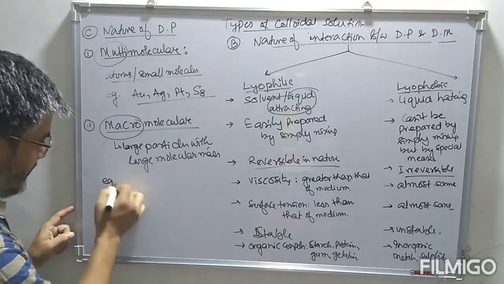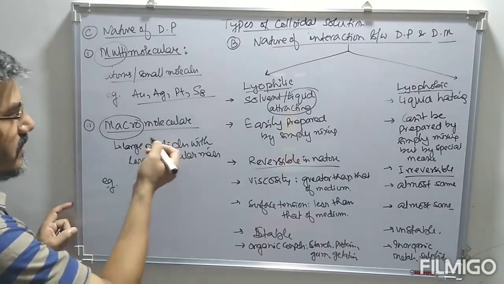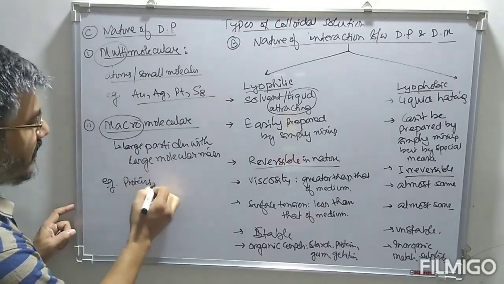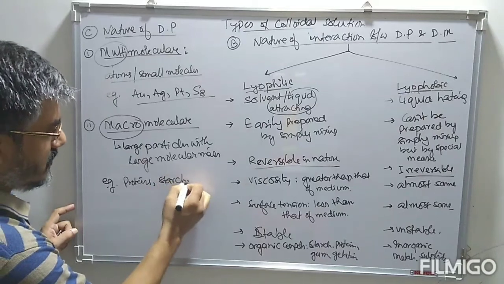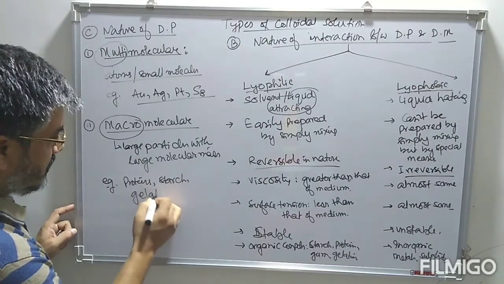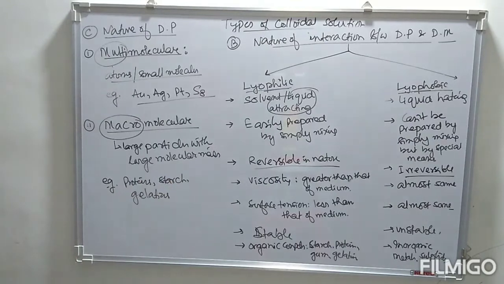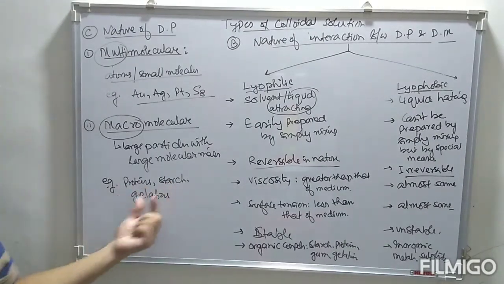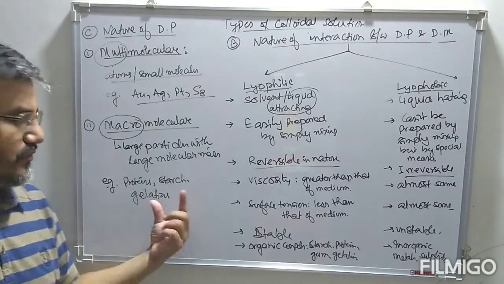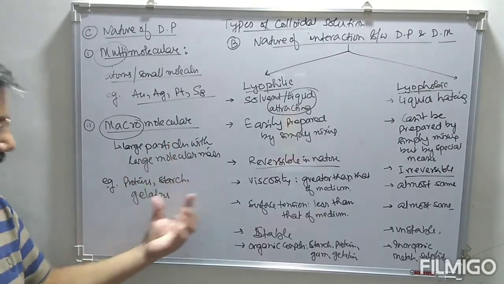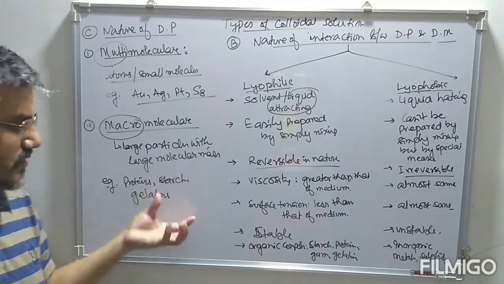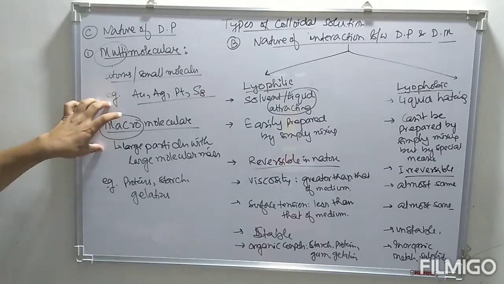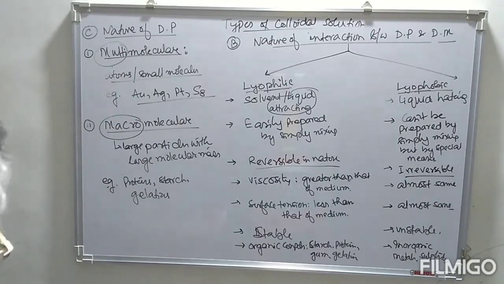And these macromolecular colloidal solutions are formed by proteins, starch, gelatin, etc. So already we have proteins. Protein molecules are macromolecules or polymers. Starch, gelatin, these are polymers. So we have a large size particle. Obviously, the molecular mass is also large. So these particles form colloidal solution. So this comes under macromolecular colloidal solution.